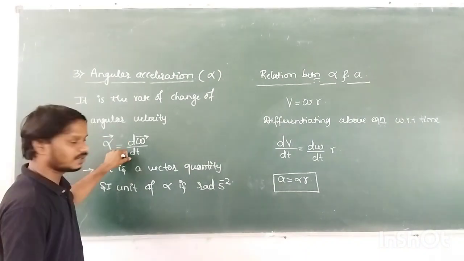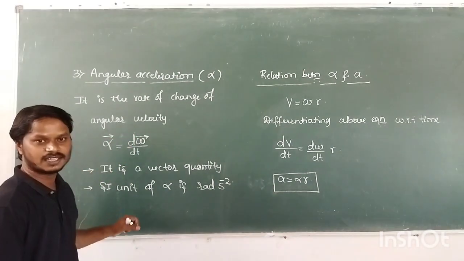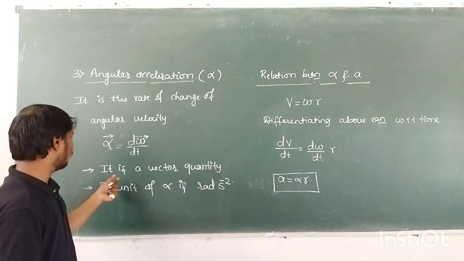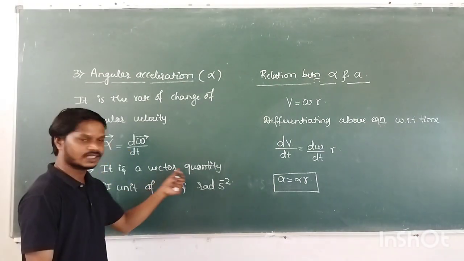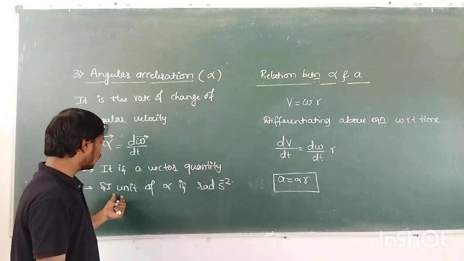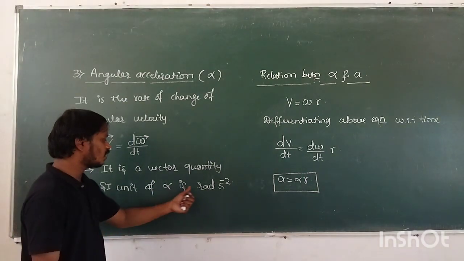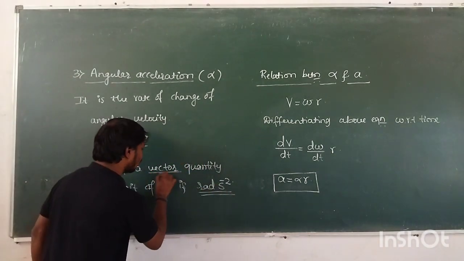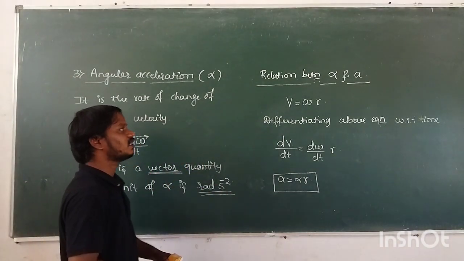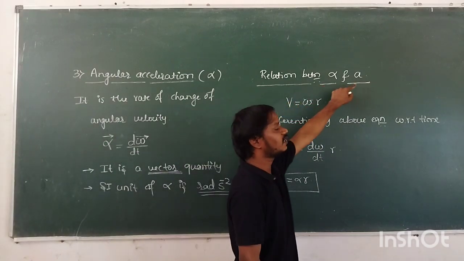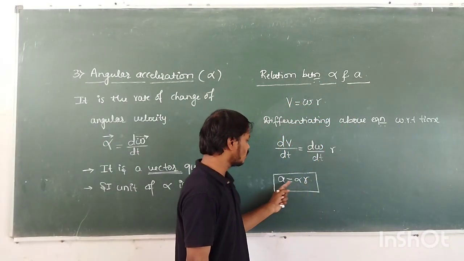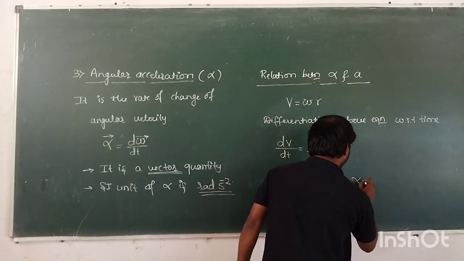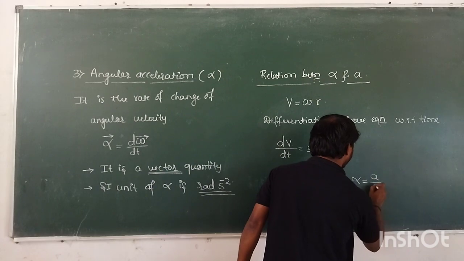Angular acceleration is a vector quantity. The SI unit of angular acceleration is radian per second square. The relation between angular acceleration and linear acceleration is a is equal to alpha into r, otherwise alpha is equal to a by r.